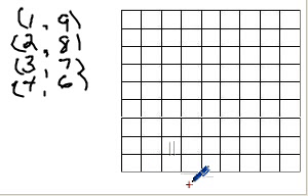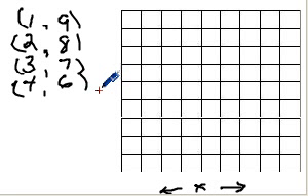And the x value always gets put along the horizontal. And the y value always gets put along the vertical. So when we go to graph this, let's say we're going to graph 1 and 9. 1 is our x value, so we go over 1 and up 9. 1, 2, 3, 4, 5, 6, 7, 8, 9, and it's going to be right here.